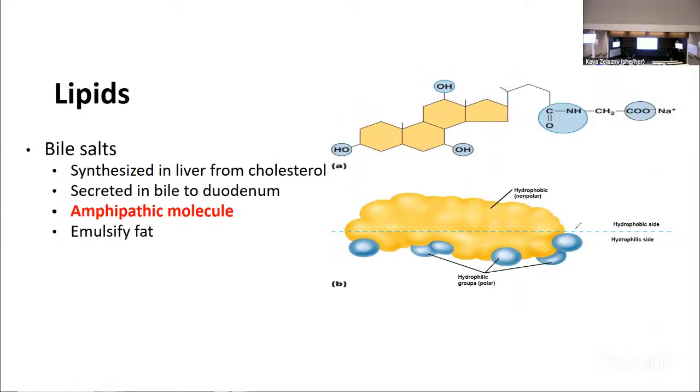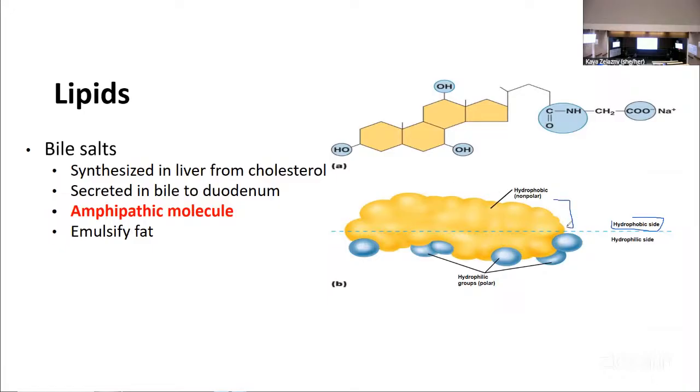Functionally, though, the salt part gives a little bit of an extra function. Bile salts are going to be amphipathic, like our phospholipids were. That was our other type of lipid that we thought of as having these dual properties. We have a hydrophobic side like any other lipid, a non-polar part to them.